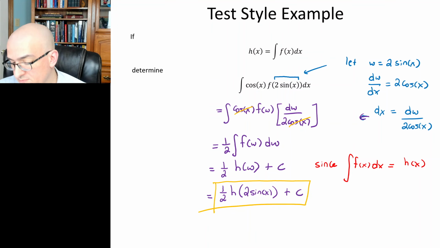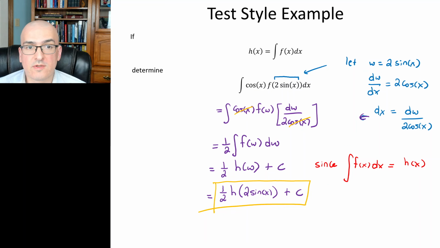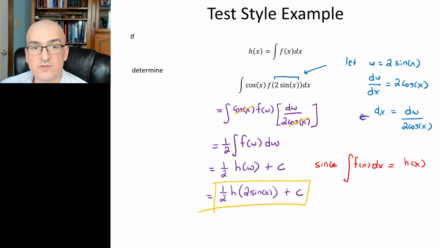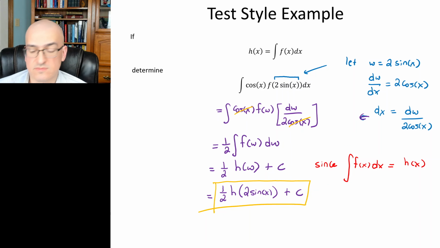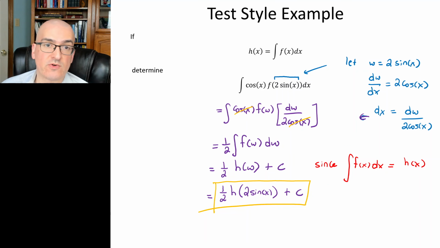So we're posing our solution in terms of its relationship to the earlier solution, to h of x. So you modify the function inside, you multiply it by something that's related to the derivative of what's inside, and you can express your new antiderivative in terms of your old one.